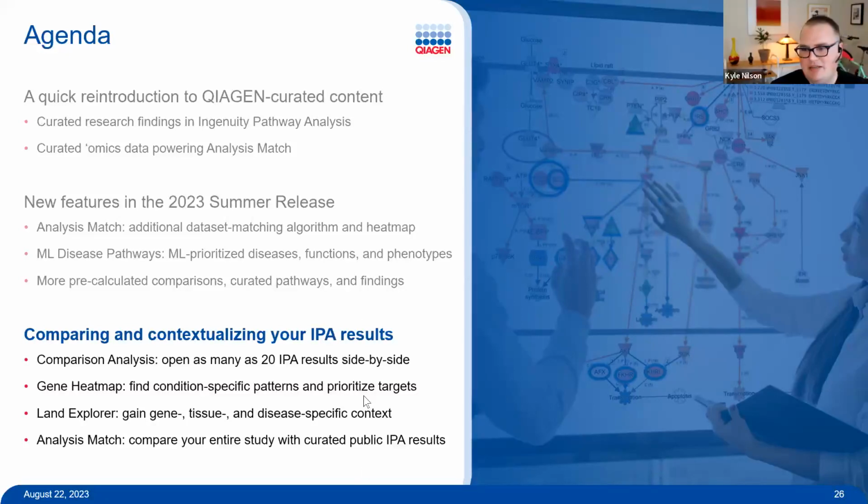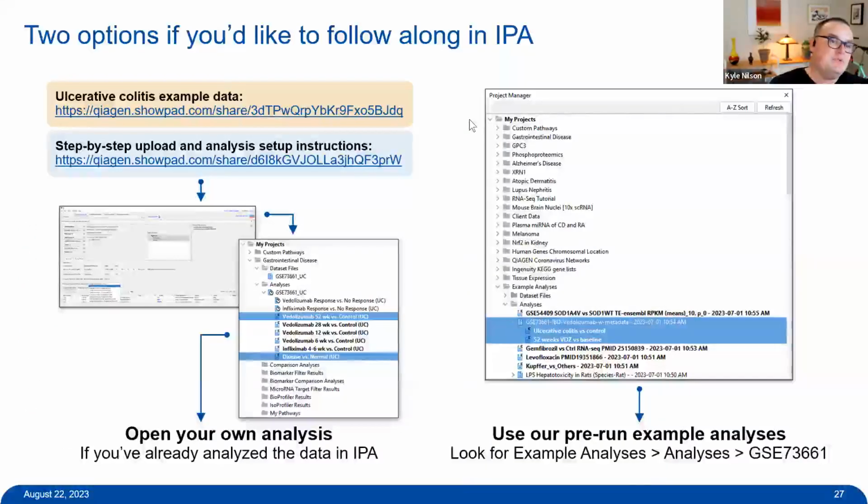So again, let me go ahead and jump into the actual set of use cases that I would like to be sure to teach you guys today. I also want to mention that it is possible to follow along if you would like. Although I do intend this demo to be a bit more of a show and tell kind of situation, you're more than welcome to follow along either by manually downloading and reanalyzing the data. In this case, I've provided handy step-by-step instructions as well as the example data itself.